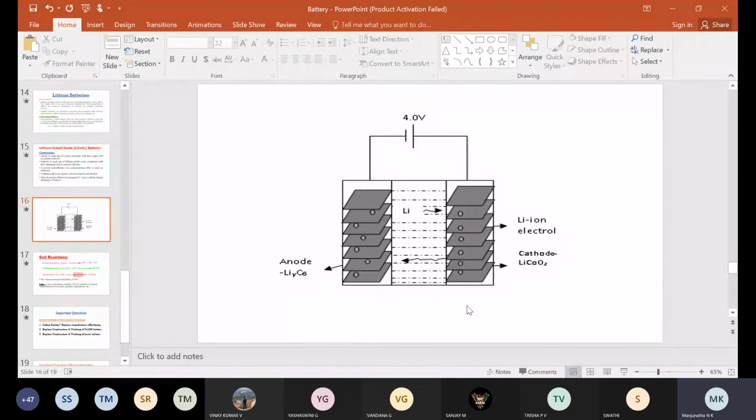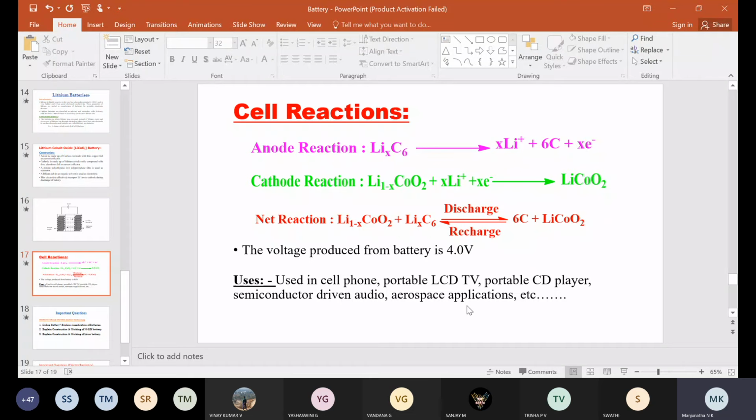Then write down construction. First one, anode: lithium carbon material. In bracket, write LixC6.